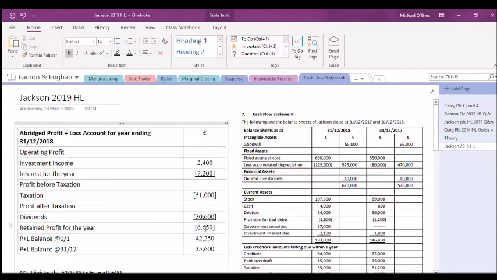So x minus 30,600 is equal to minus 6,000. How did I get down to minus 6,000? Instead of taking away, I'm going to add my 30,600 here. My figure is 23,950.